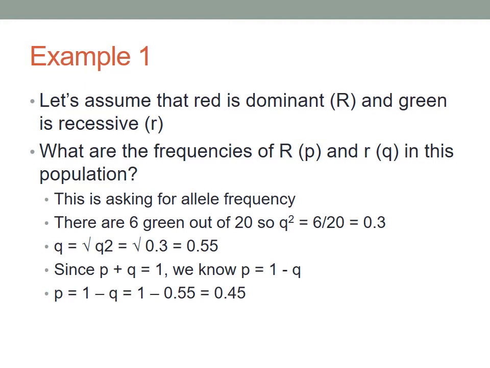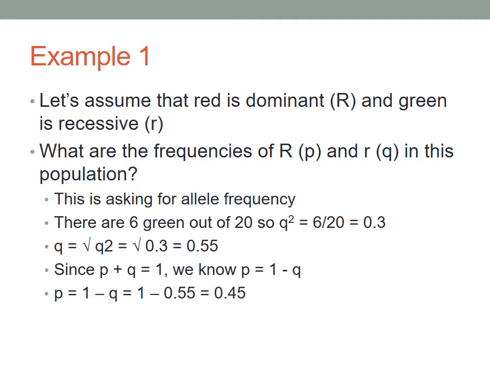And if we know that Q is 0.55, well, we know that P plus Q equals 1, so that means that P is going to equal 1 minus Q. So to calculate P, or the allele frequency of the letter R for the red allele, we would say 1 minus Q, or 1 minus 0.55, equals 0.45.